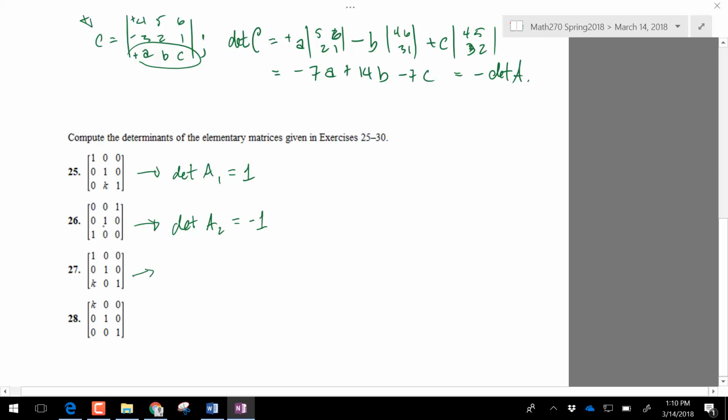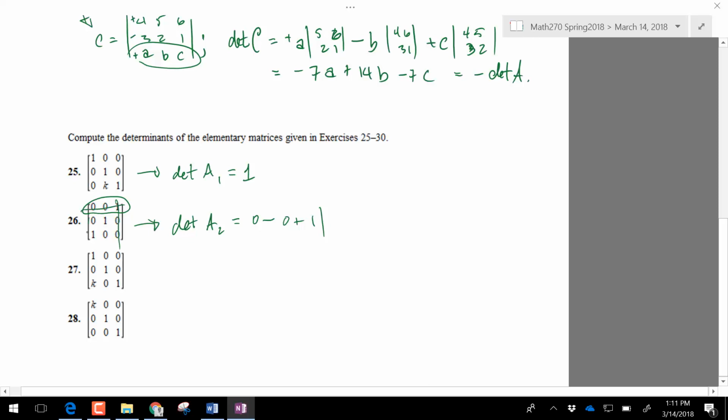Well, should we compute it? Okay. So let's expand on the first row. So we get 0 minus 0 plus 1. I didn't put the matrices next to the 0 because they're going to disappear anyway.